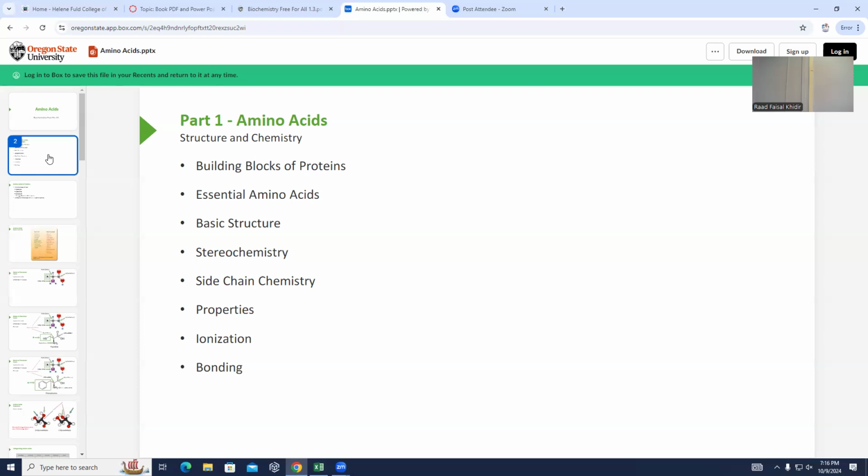And what about 2,3-BPG? 2,3-BPG is a metabolic waste. Metabolic waste, so it's going to be high. Metabolic waste is going to increase the acidity.